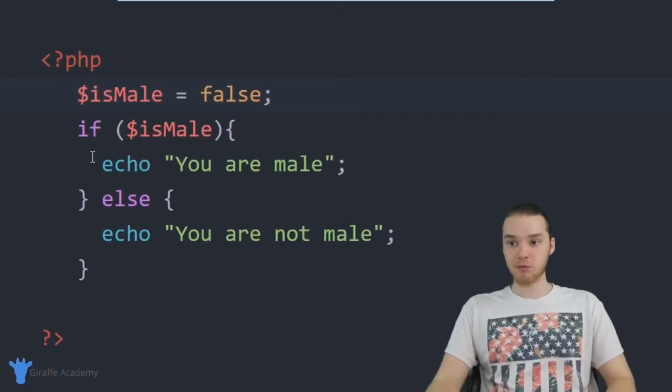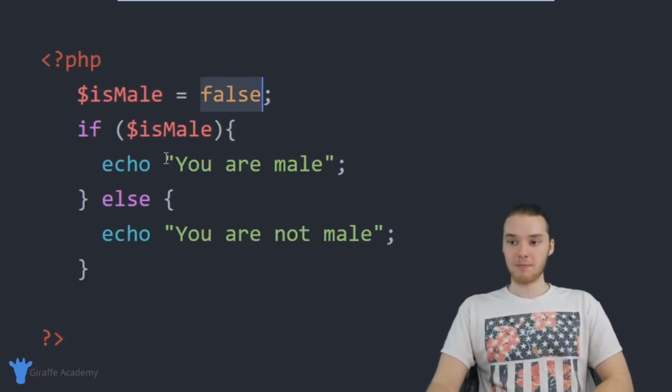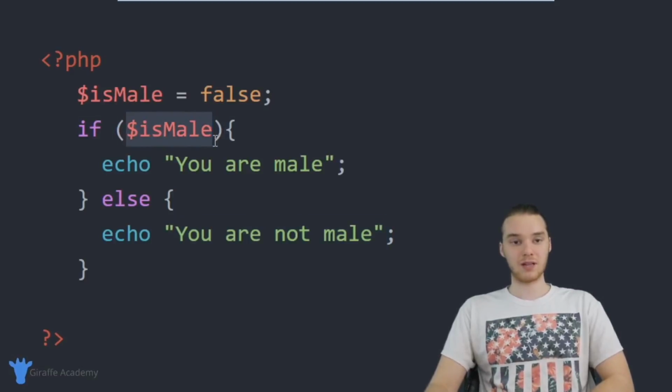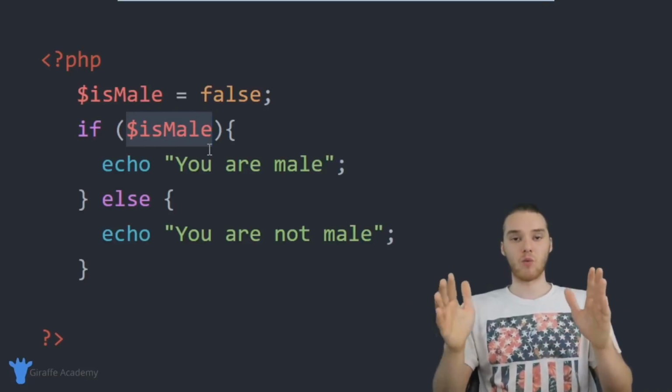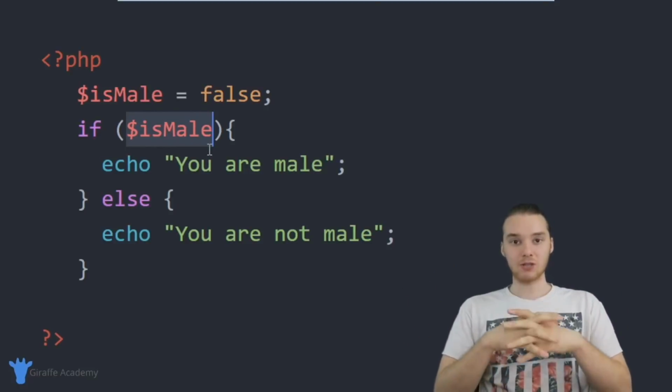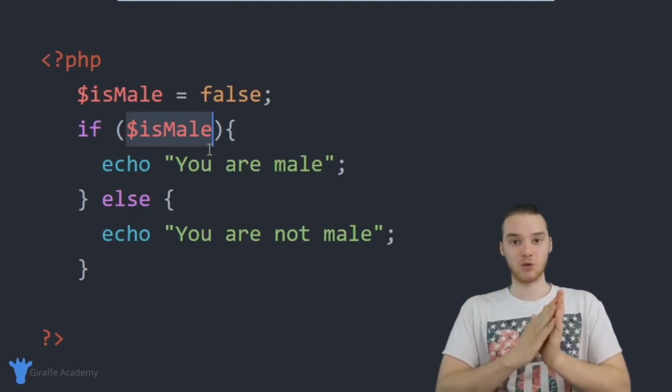In other words, my program is now smart enough to be able to respond to this variable. So if that variable is true, my program can respond to it. If it's false, my program can also respond to it. That's because I put this variable here in this if condition. And so that's really the basics of what an if statement is. It allows us to respond to different situations.